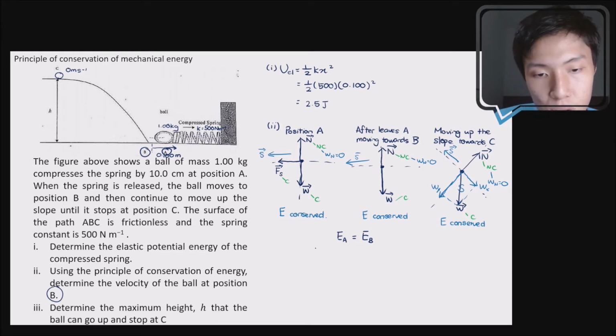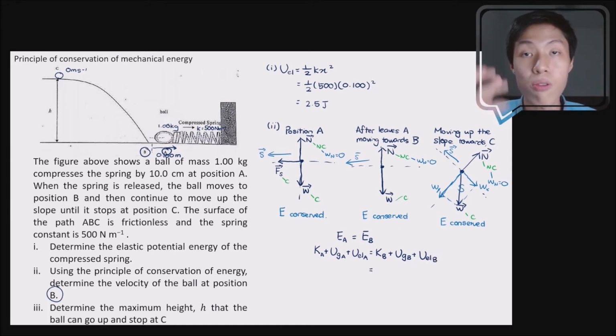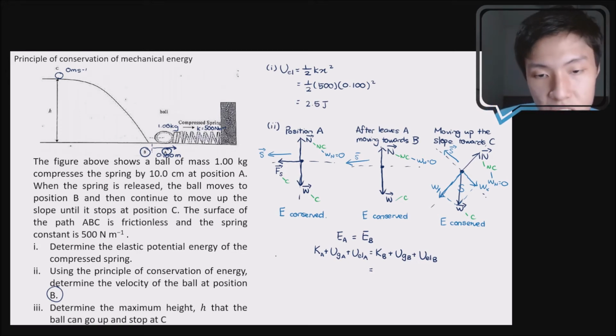The mechanical energy is the sum of kinetic energy plus the potential energy, but potential energy can be split into the gravitational potential energy and the elastic potential energy. On the other side, you have the kinetic energy at position B, the gravitational potential energy at position B, and the elastic potential energy at position B. Now let's bring in the formulas.